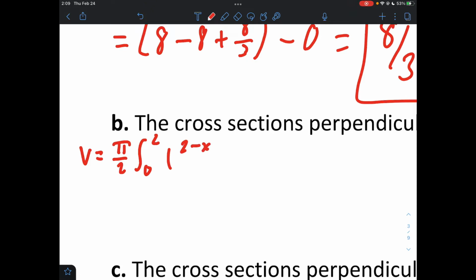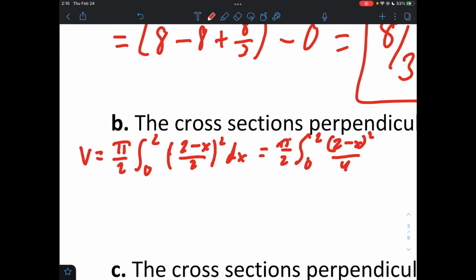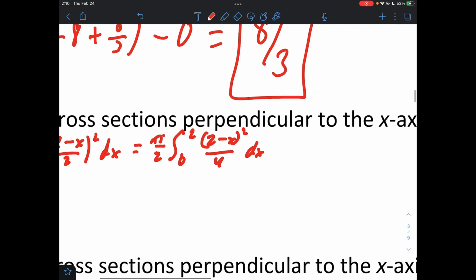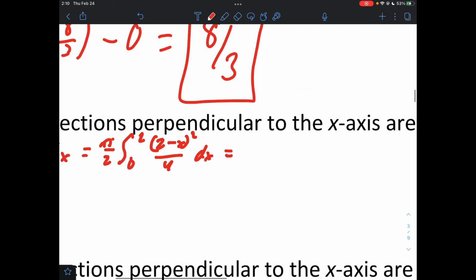So ((2 minus x) over 2) squared dx, which I can write as pi over 2 integral 0 to 2 of (2 minus x) squared over 4 dx, which I can write as pi over 8 integral 0 to 2 of (2 minus x) squared dx.